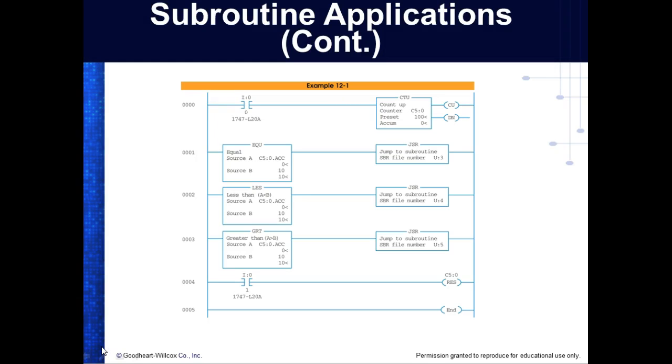The next subroutine would execute when the accumulator counter 0 is less than 10. And this right here would go to this subroutine, when the accumulator is greater than 10. So this guy here would have three subroutines.